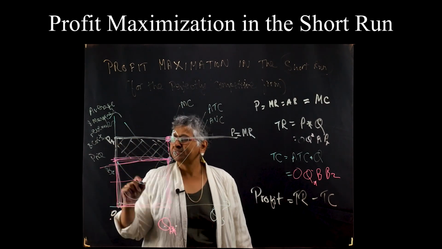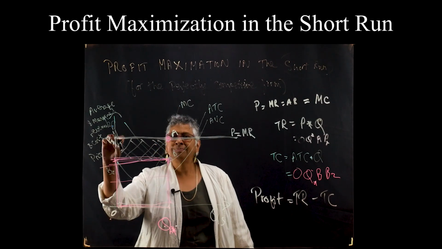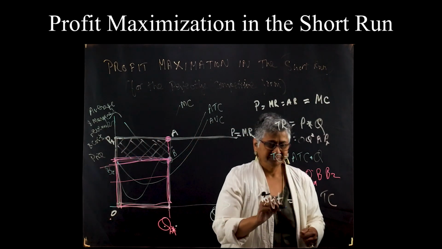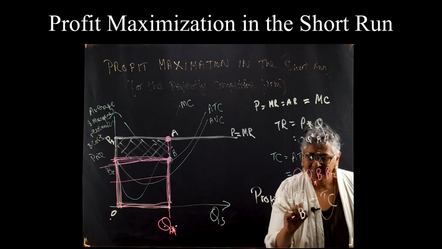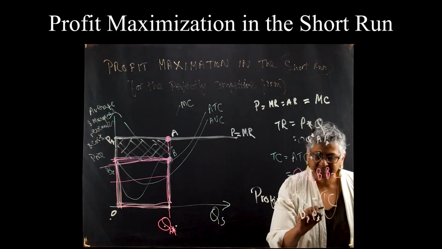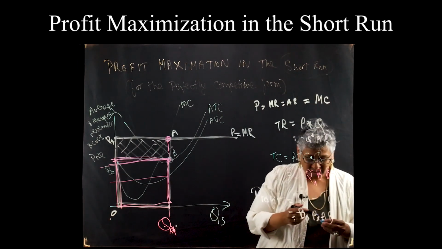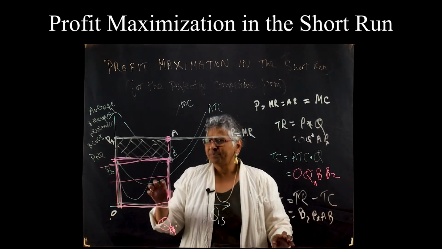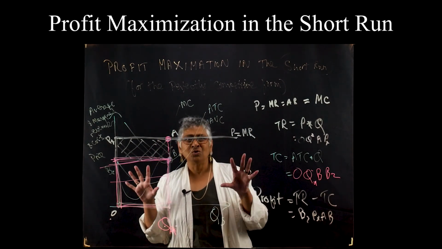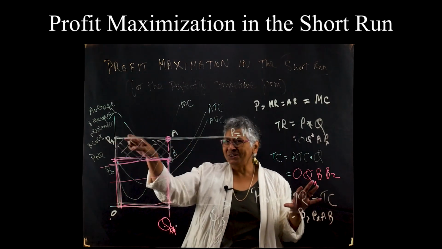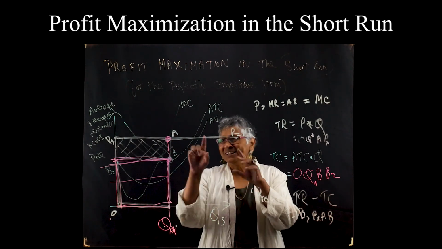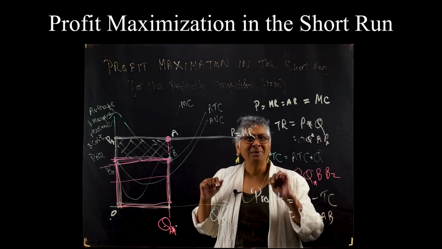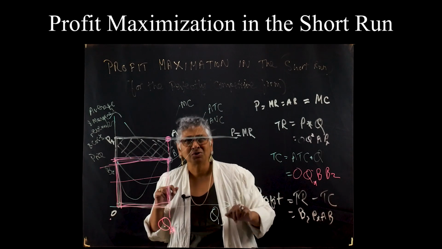That's my profit. B2, Px, A, B. So in this picture, I can begin to read out not only my decision, I can also use it to figure out what's my total revenue, what's my total cost, what's my profit.